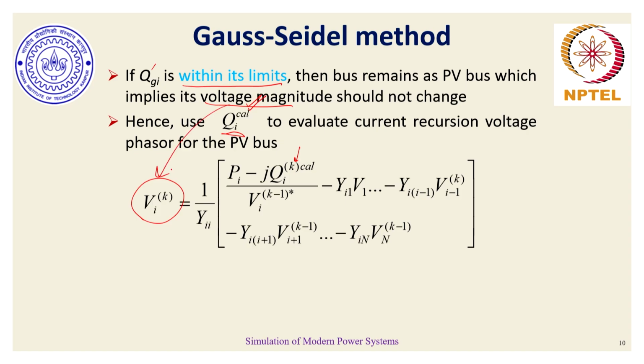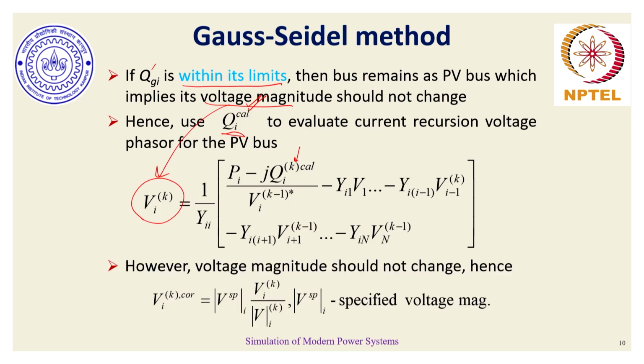In order to ensure that the voltage magnitude does not change for a PV bus, it is not necessary that the corresponding V_i^k magnitude equals this fixed voltage magnitude. It could be a different number. So, for PV buses, we have to involve this voltage magnitude correction exercise, as shown over here. Whatever is the V_i^k value that we are getting, we figure out its magnitude.